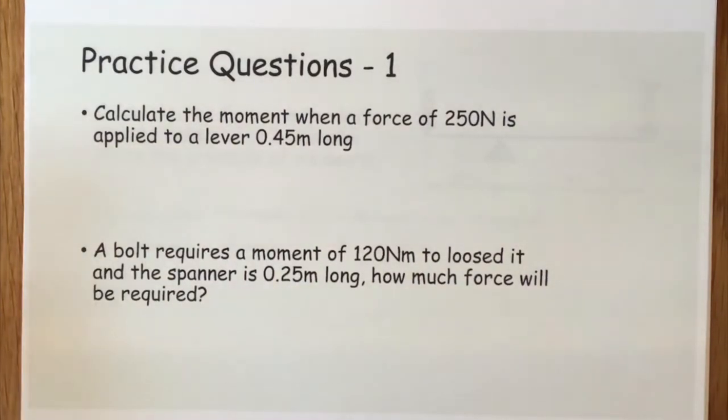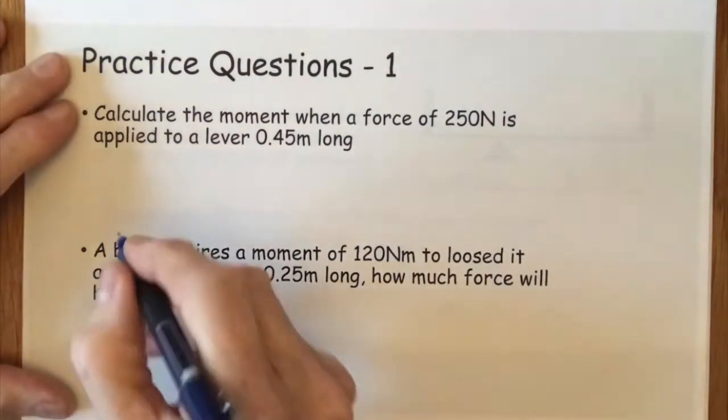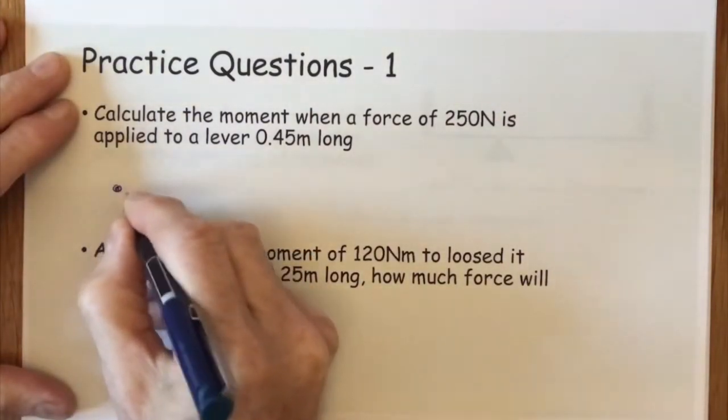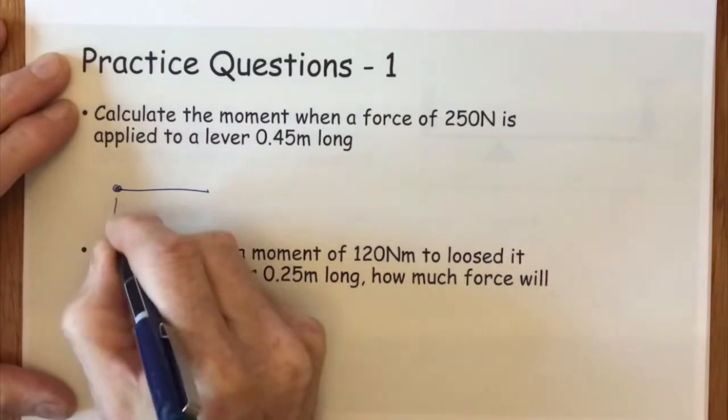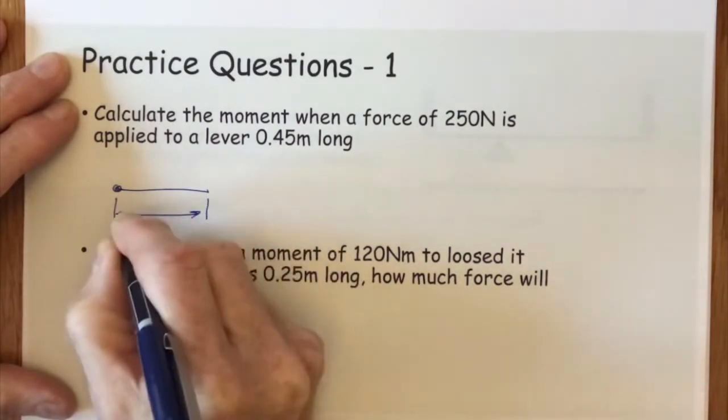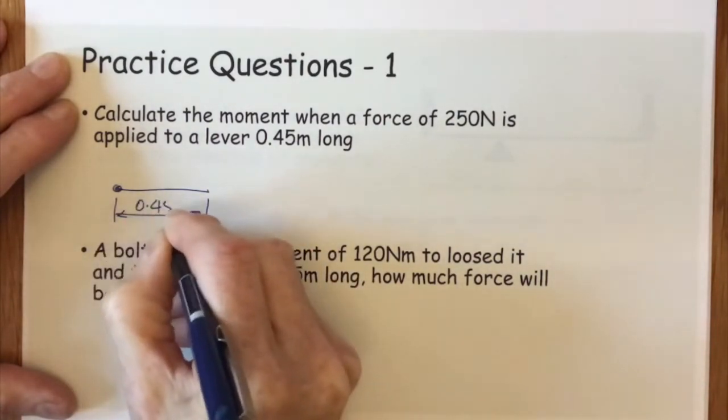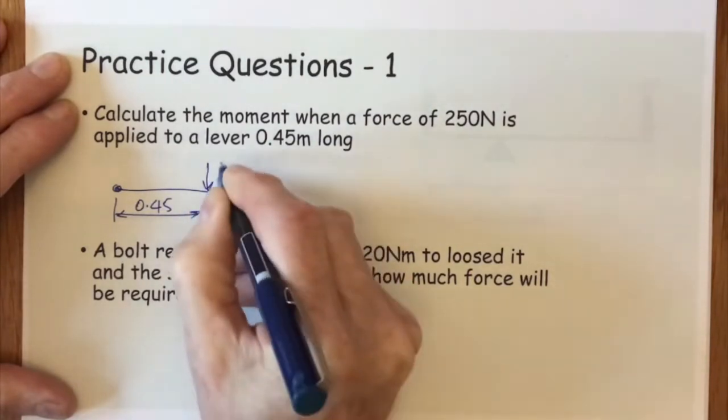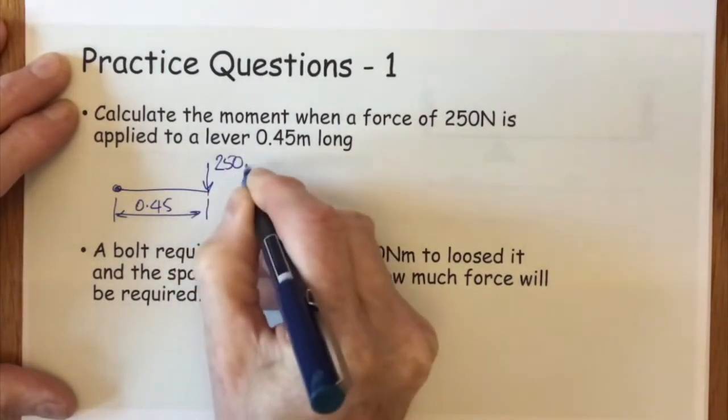So for the first question, what you need to do is to calculate the moment when a force of 250 newtons is applied to a lever 0.45 metres long. So let's draw it out. Got our lever there, 0.45, and then a load of 250 newtons.